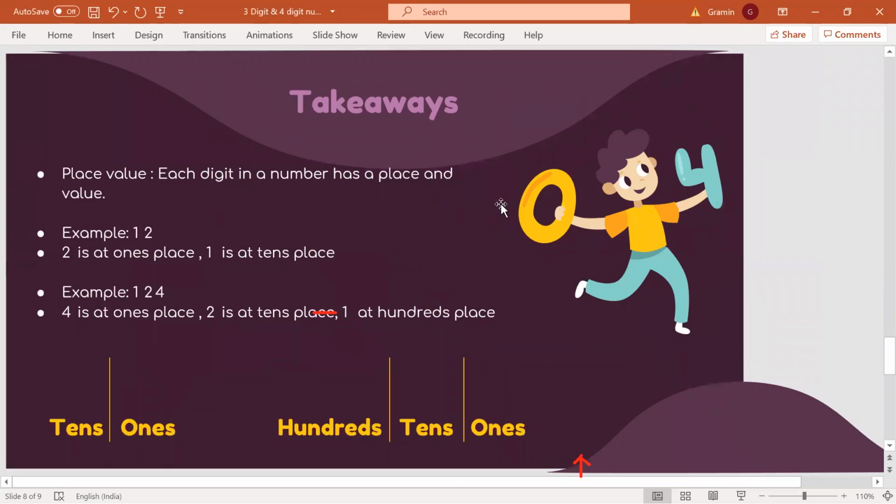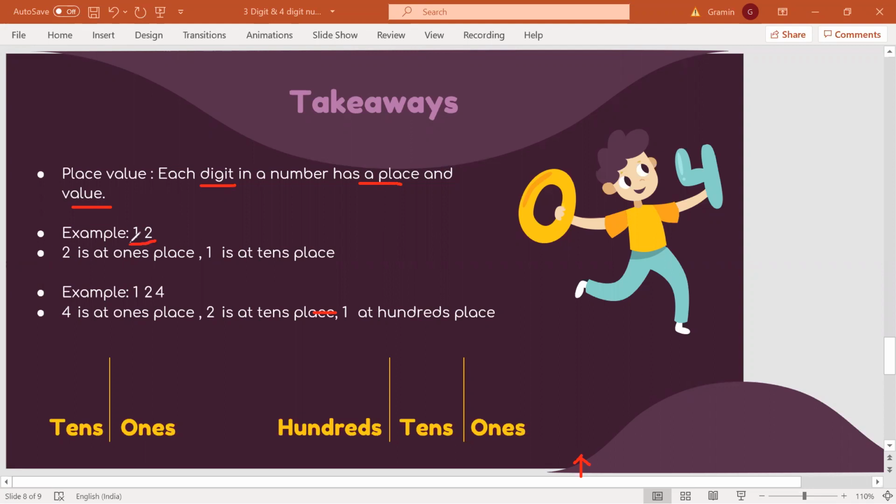So let's quickly summarize now what we have learned. We learned that each digit in a number has a place and a value, like we saw for the number 24 and for the number 524. Similarly, for each number you will have a digit and a place value.